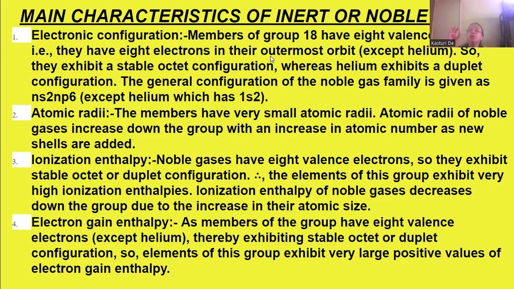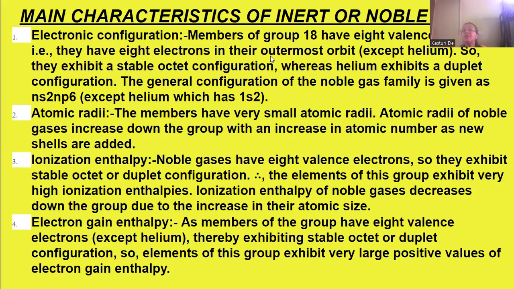That is the element's atomic radius, from the center to the outermost valence shell. So that radius increases because when the atomic number increases, the number of shells increases, and that increases the atomic radius.